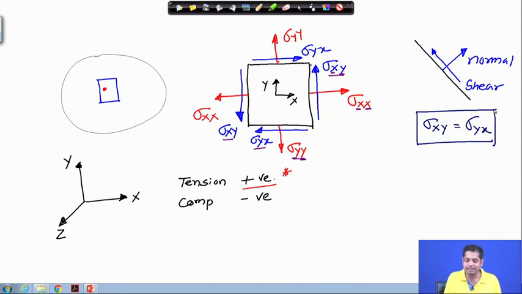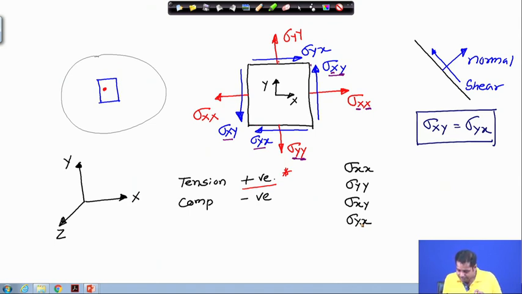So, this is the representation of stress at this point. This is a schematic representation of the stress. How many stress components do we have at this point? We have two normal stresses, sigma x and sigma y, and then two shear stresses, sigma xy and sigma yx.